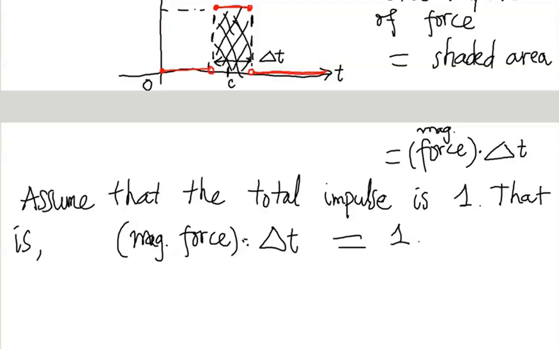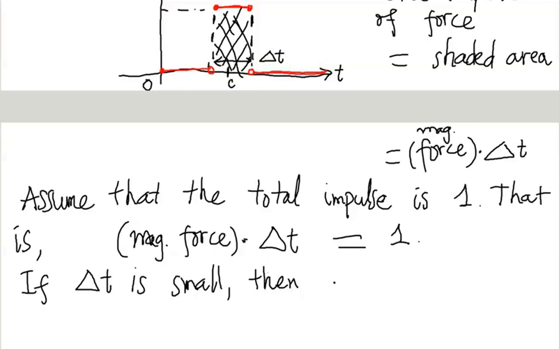So using this, we see that if delta t is small, if the time period when the force acts on the object is small, then because the magnitude of the force is the reciprocal of delta t, it is very large.